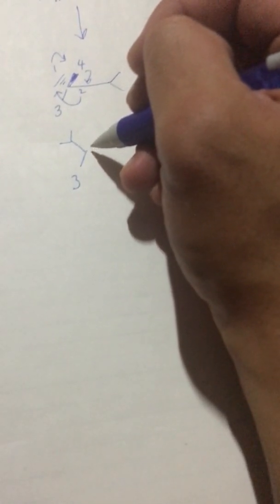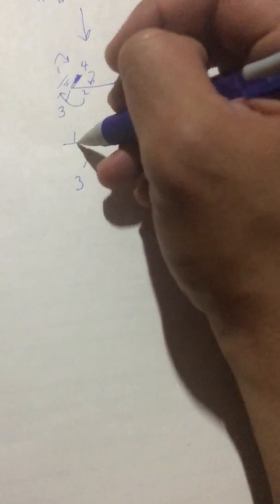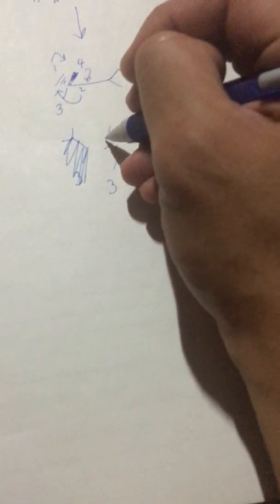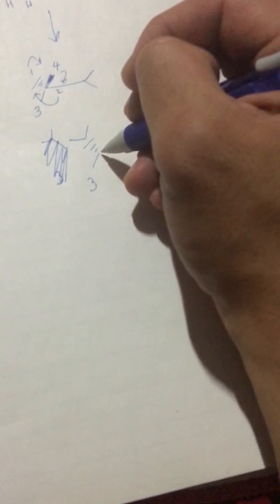I drew that wrong. 2 is going to move over here. I know that looks weird, but that's going to be 2. And then 1 is going to move to the wedge. And then 4 is going to move here.